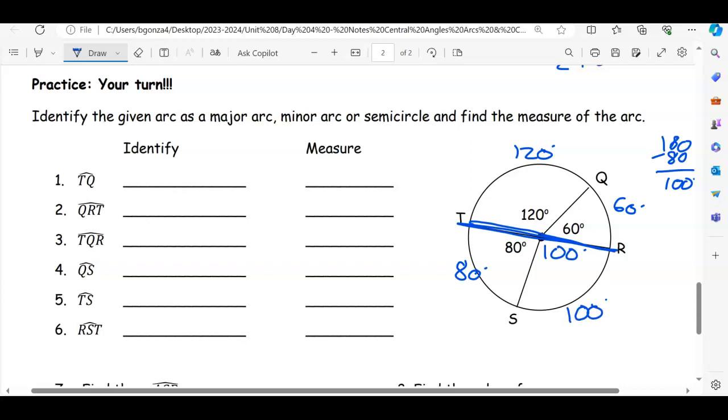Let's do the math. Ready? So TQ, is TQ a minor arc, a major arc, or a semicircle? What do y'all think? Major would be more than 180, more than half.